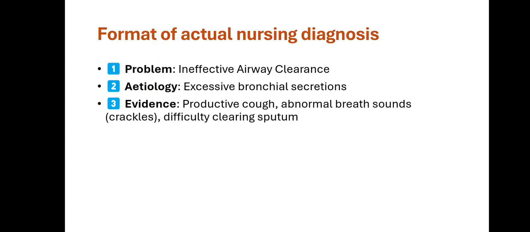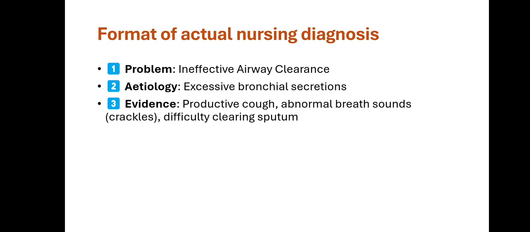Let me repeat the format of actual nursing diagnosis. First, we have the problem. For example, ineffective airway clearance, in a case where the patient is unable to breathe well. What is the cause of that? Excessive bronchial secretions. They might be having a lot of secretions that is causing ineffective, meaning they are not effectively clearing their airway.